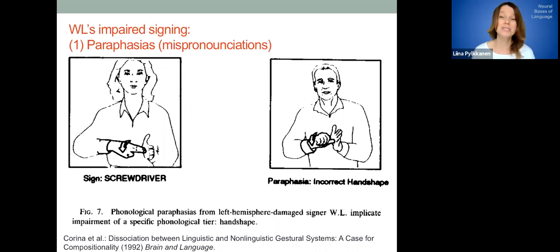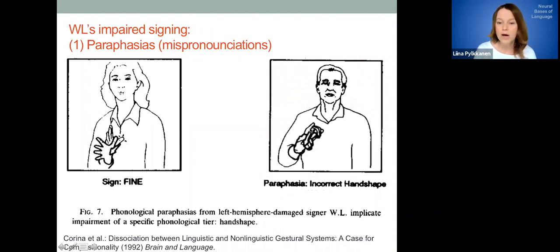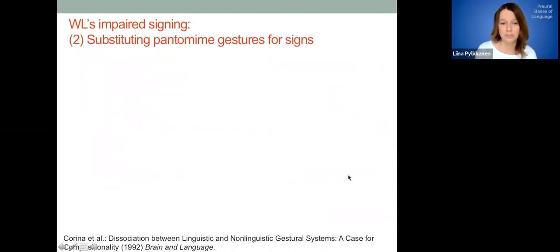So he has a very specific type of mistake that he makes, and that has to do with the hand shape feature. Some more examples. Here we have the sign for fine. Again, he uses the wrong hand shape. Sign for white. He uses the incorrect hand shape sequence, and so forth.